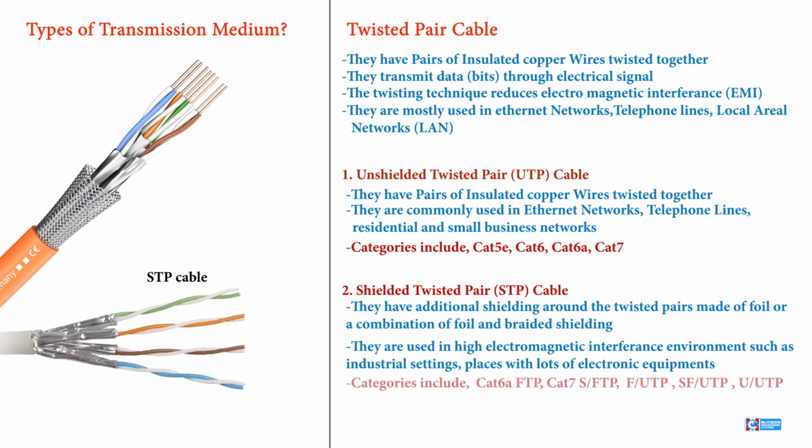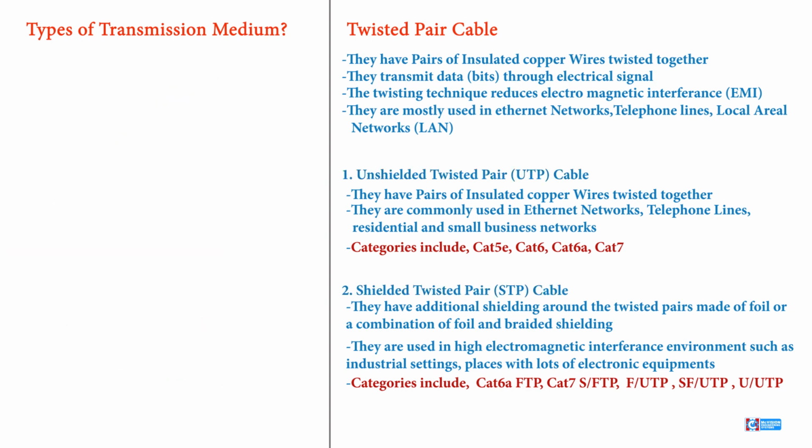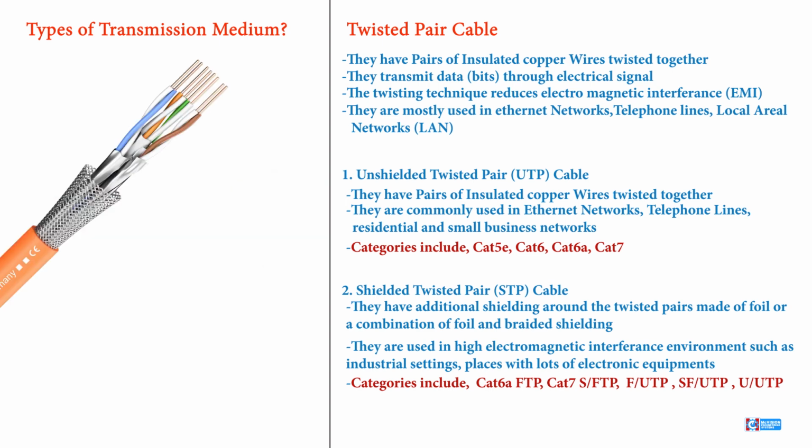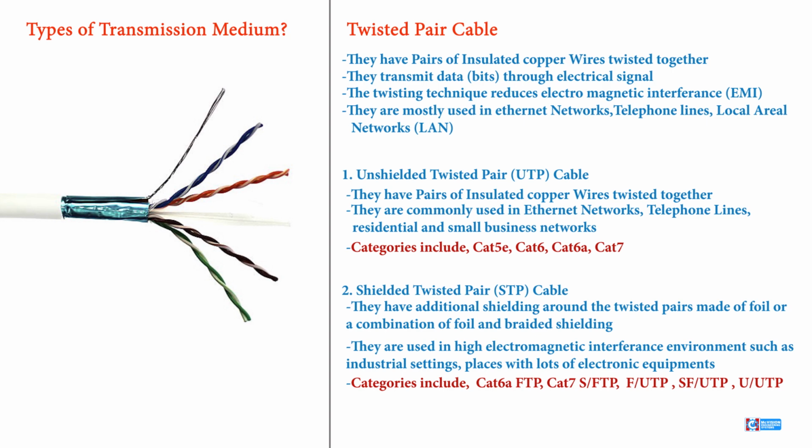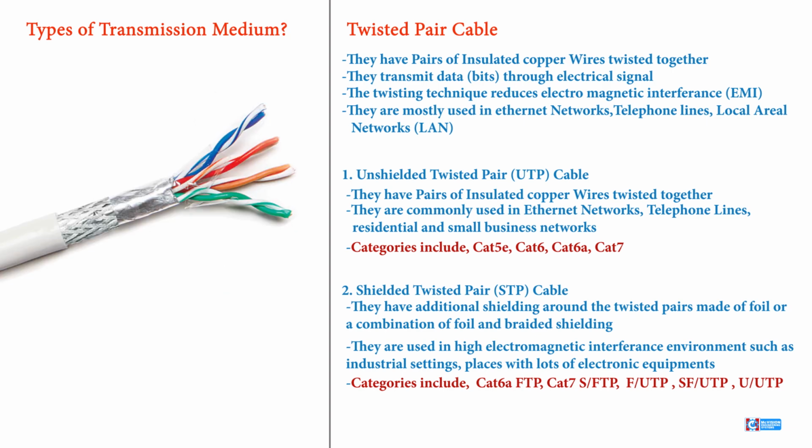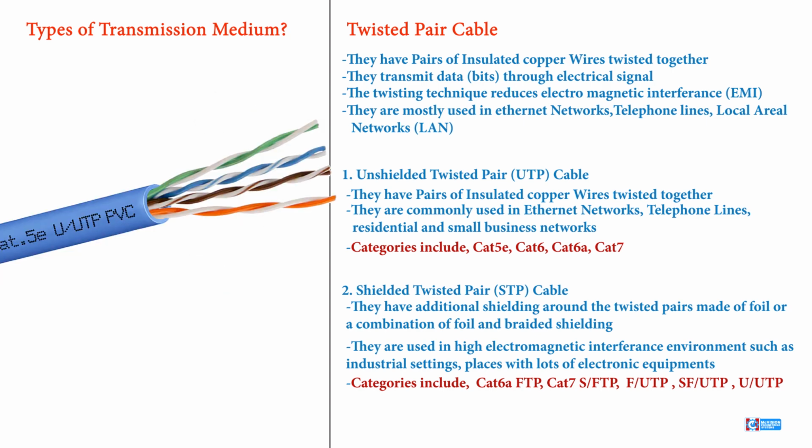The STP cables are also categorized into various classes, similar to UTP cables. These include Cat6a FTP, Cat7 S/FTP, F/UTP, SF/UTP, U/UTP. Now, one may ask, how can one read and distinguish between these cable types?